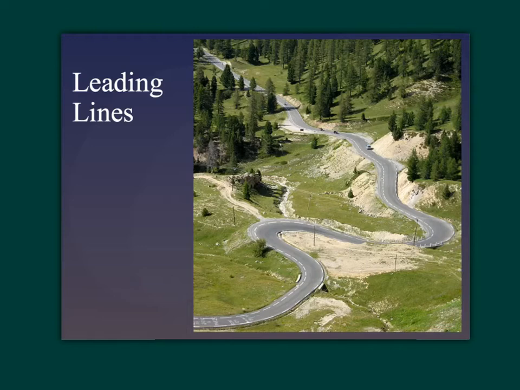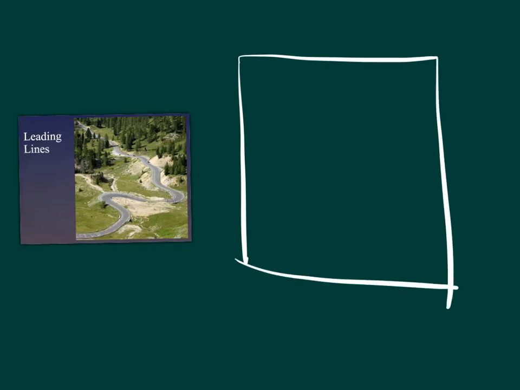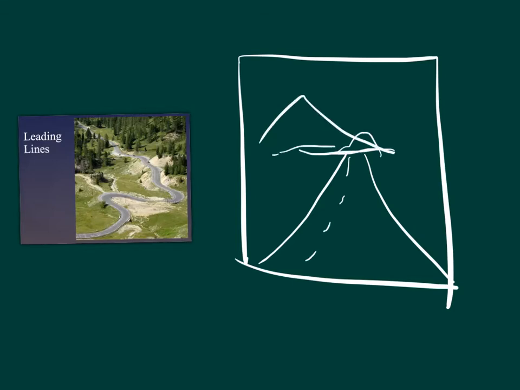A lot of typical ones that you might see might exist like this. So if this is our frame, you might have a road that goes out there, and then it terminates in the back here, meaning it goes into a mountain or something, that kind of setting.